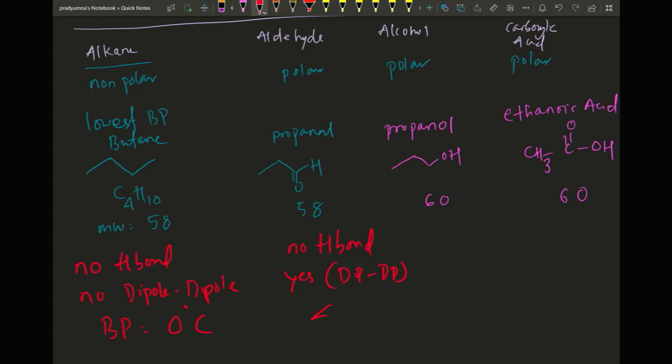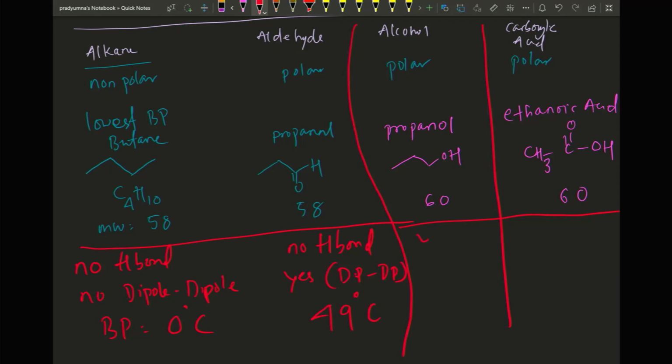In this case, it is 49 degrees Celsius. How about alcohol? Alcohol can form a hydrogen bond, right? Yes, hydrogen bond. So hydrogen bond is the strongest, so it should have a higher boiling point as well. So the boiling point for this one is 97 degrees Celsius.